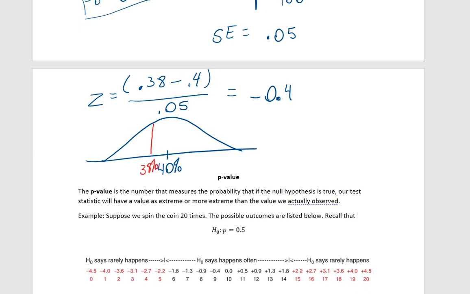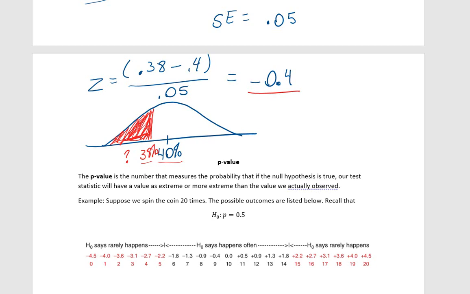And what we were thinking is, hey, does this boot camp make a big enough difference that we can expect most of our samples to be around that 38% or lower? Now here's the deal. 38% is definitely lower than 40%, but is it statistically significantly lower? And the answer is no. It's not even a full standard deviation below. So I would probably say that this boot camp isn't having a huge effect on the recidivism rate.